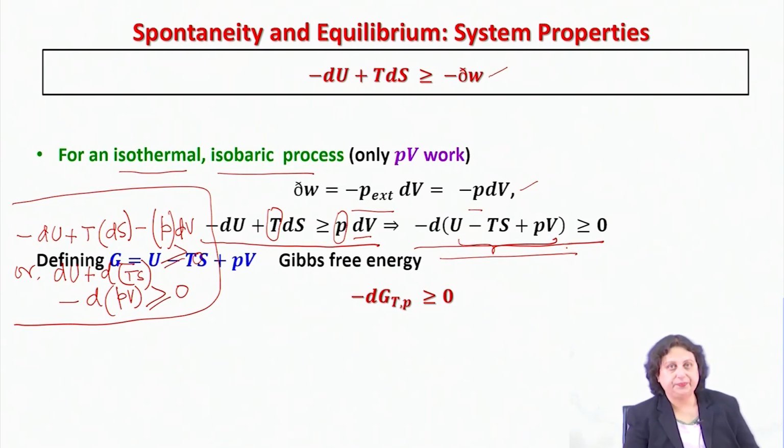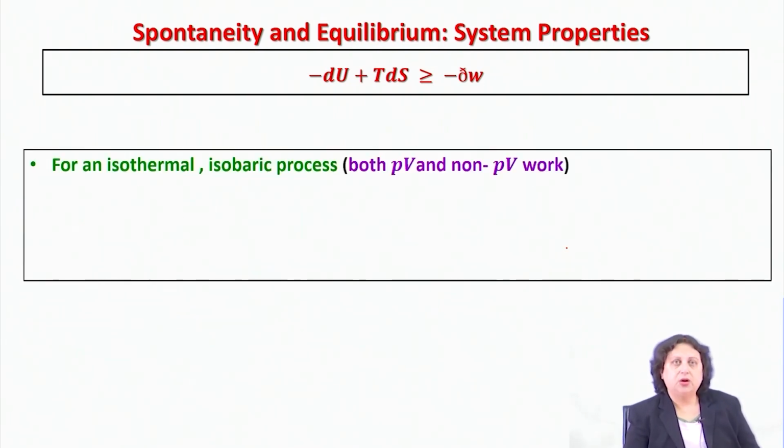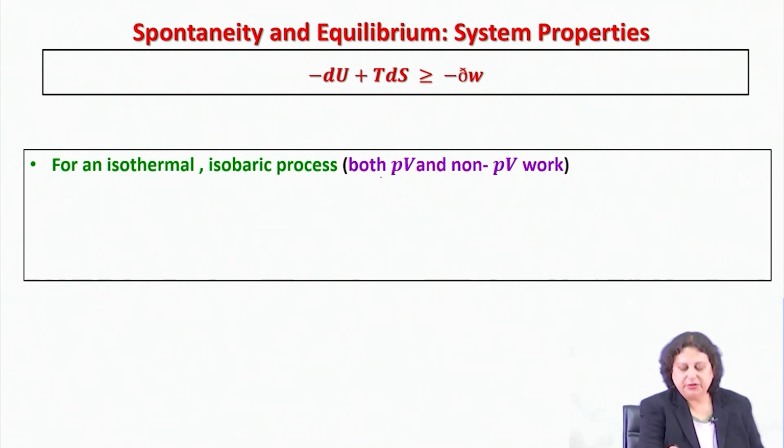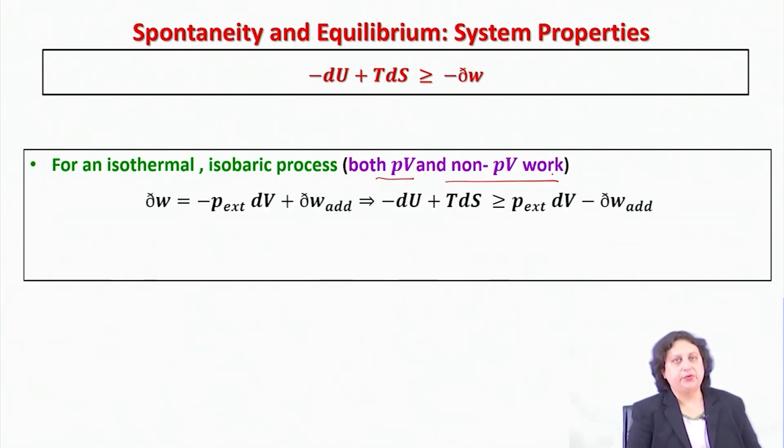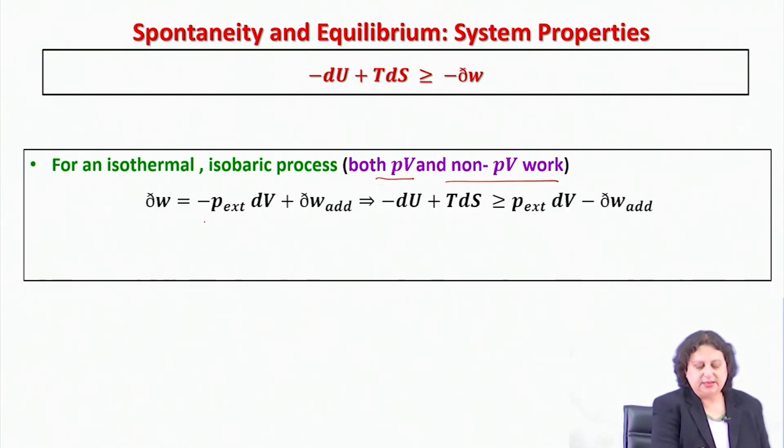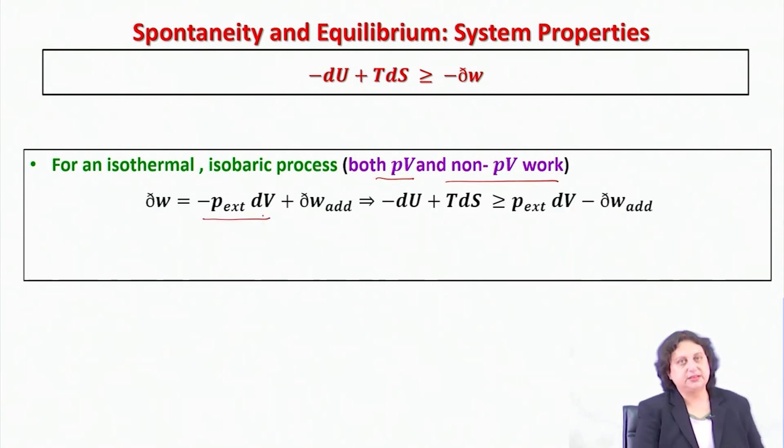Now let us again consider the isothermal isobaric process where I have both PV and non-PV work. So as before, I will write down that dW is equal to minus P external into dV plus del W additional.